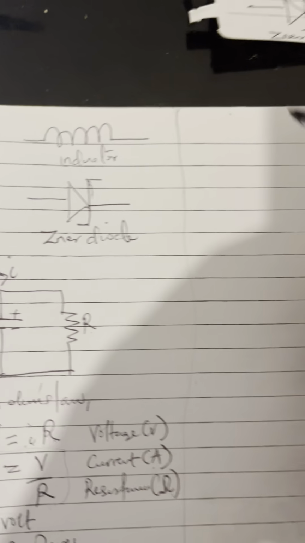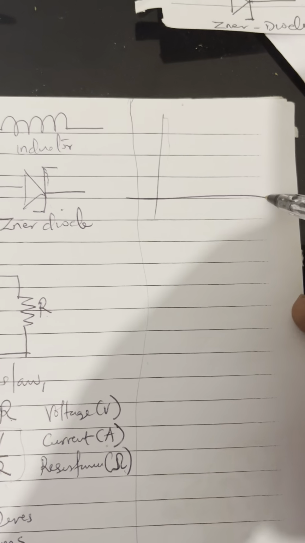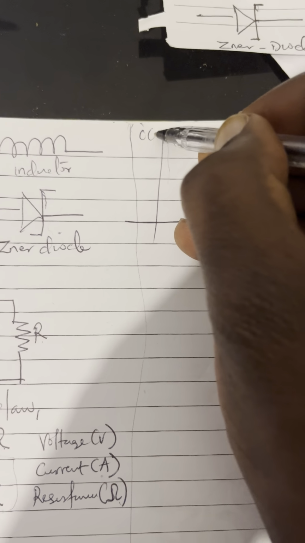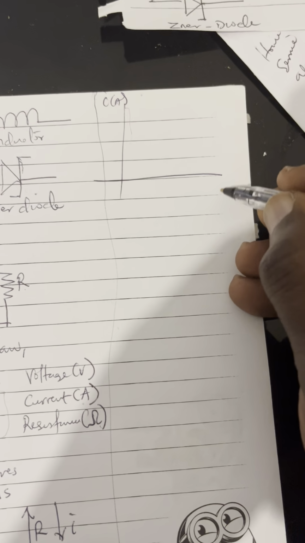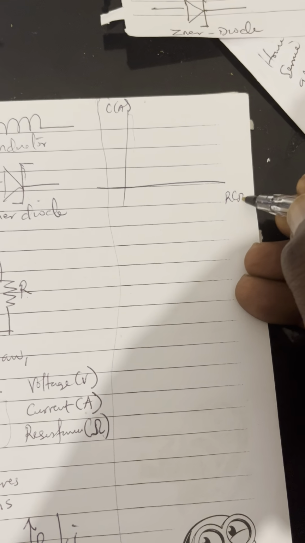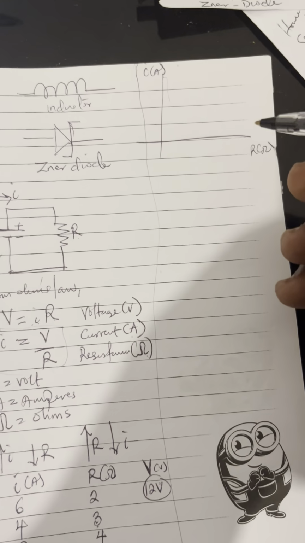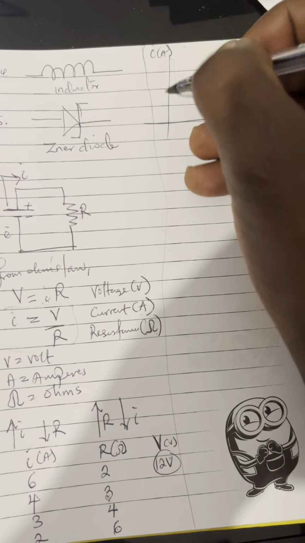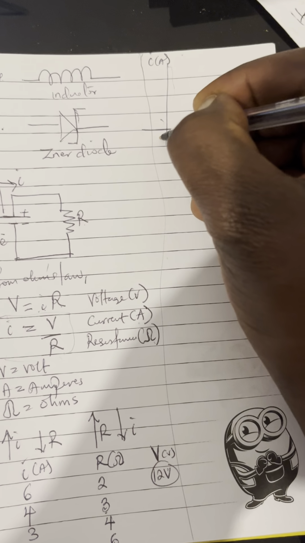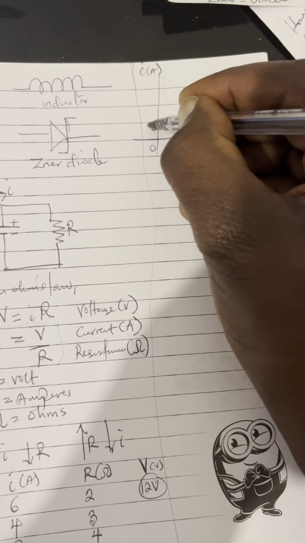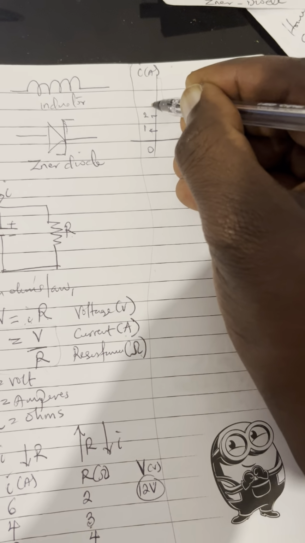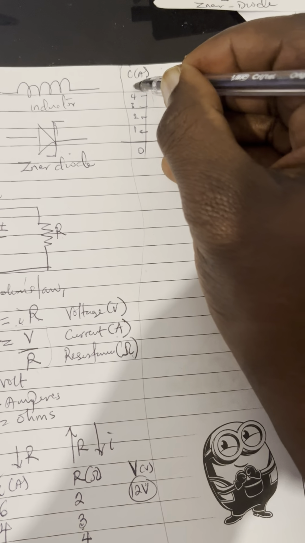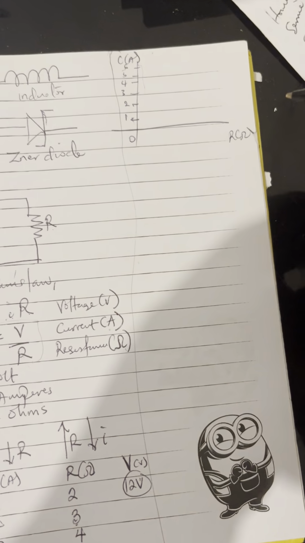So if we plot a graph and we have our current here, the amperes, and resistance here, and we want to plot our graph, this is 0 origin, this is 1, this is 2, this is 3, this is 4, this is 5, this is 6.